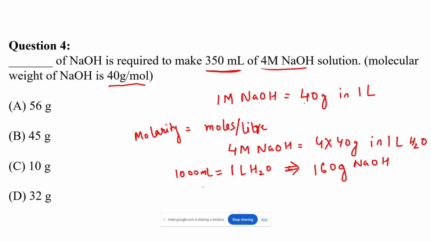That means 350 ml solution will have 160 grams divided by 1000 ml into 350 ml. So solve this and we will get our answer.